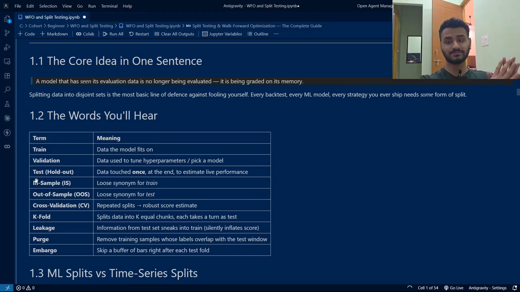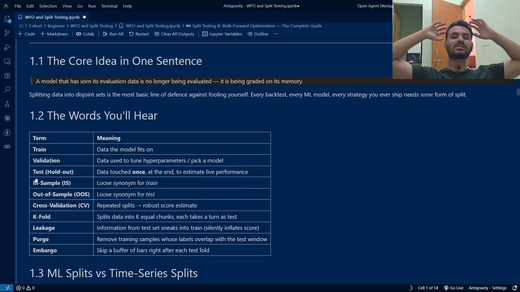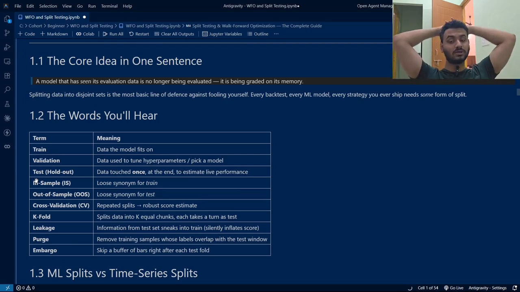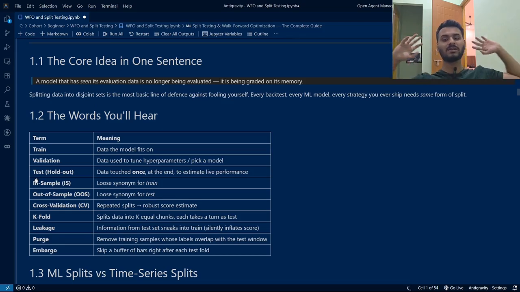Train is the data the model trains on, basically fits on, right? Validation is where we use the data to tune the hyperparameters. The test is a holdout period, data touched once at the end to estimate what the live performance would be. In-sample is loose, but similar to training.